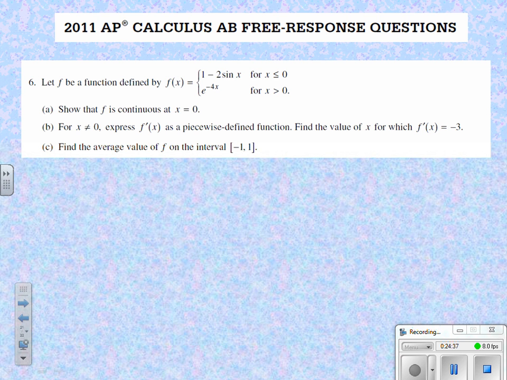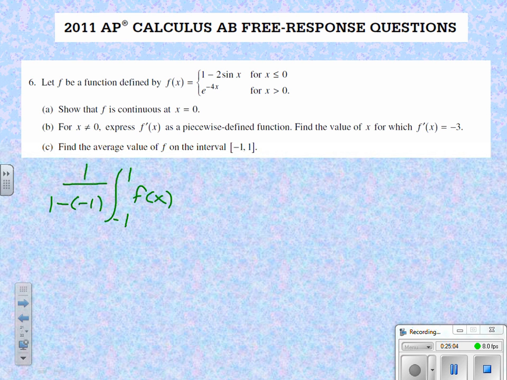Find the average value of f on negative 1 to 1. So I'm looking for 1 over 1 minus negative 1 times the integral from negative 1 to 1 of function f. Function f is two functions.